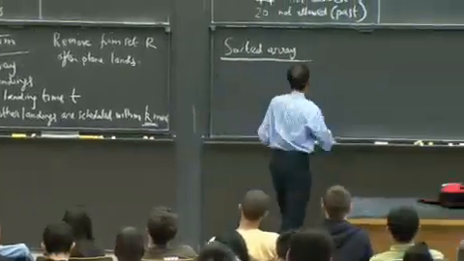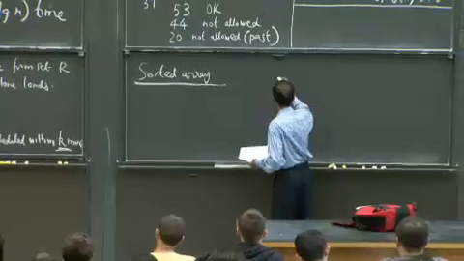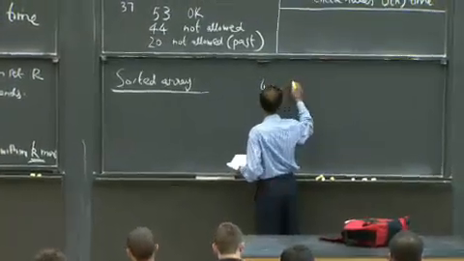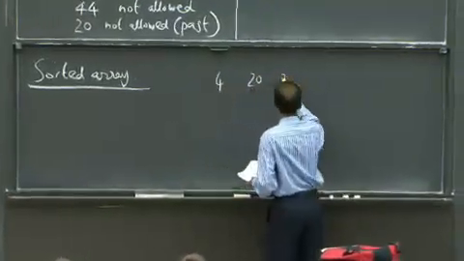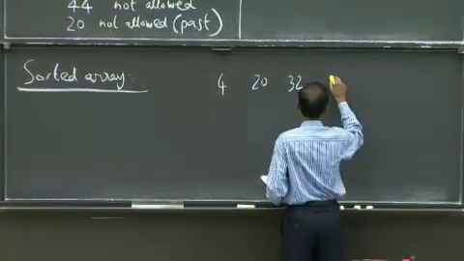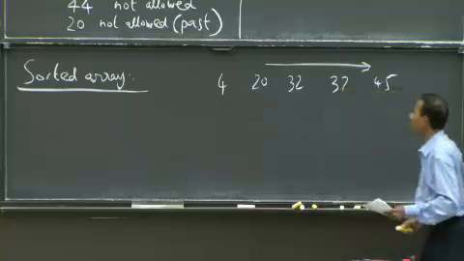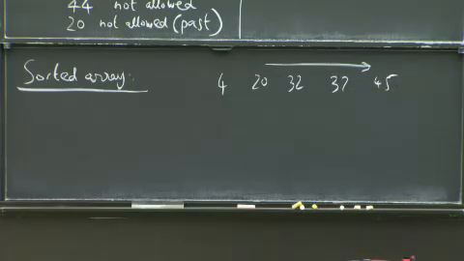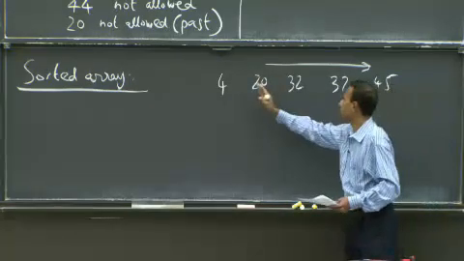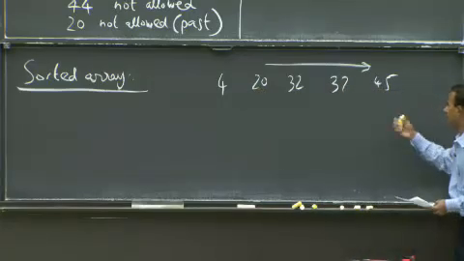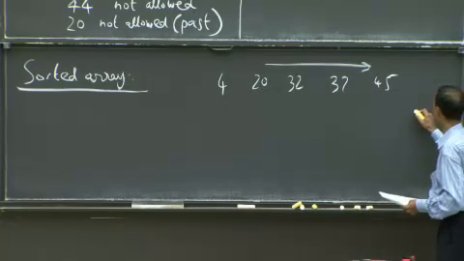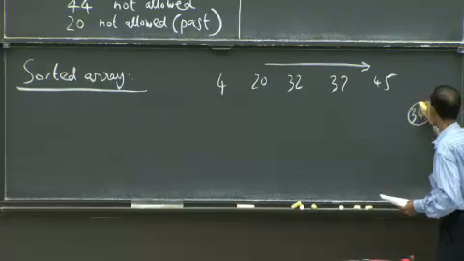A binary search, so if you have a sorted array and just for argument's sake, it looks like 4, 20, 32, 37, 45, and it's increasing order. And if you get a particular time t, you can use binary search. And let's say in particular the time is, for example, 34.